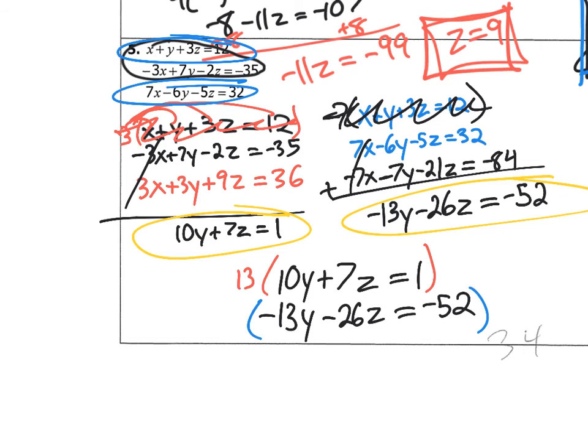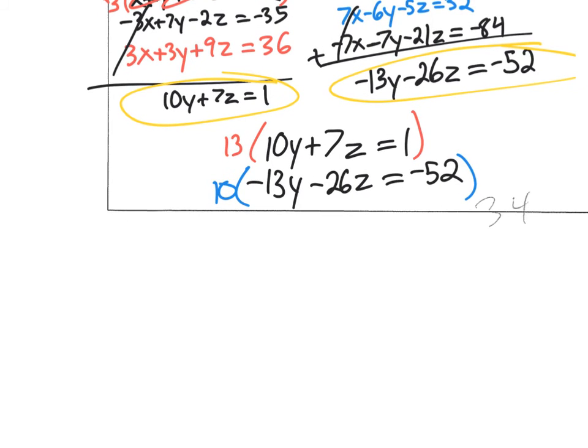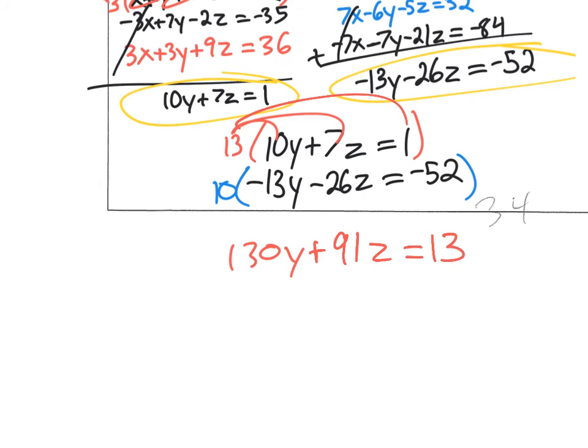Let's multiply this guy by 10, because then I could eliminate the y's, because what I'd be left with is 130y, 13 times 7, 91z equals 13.